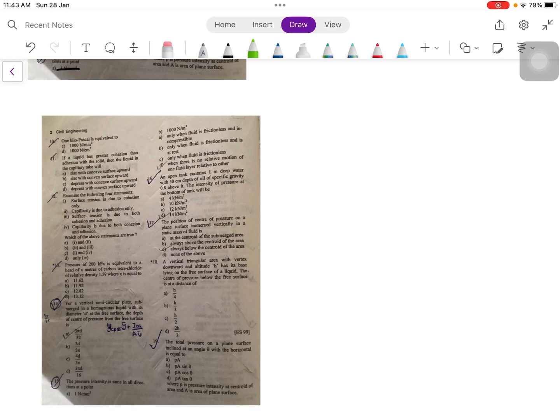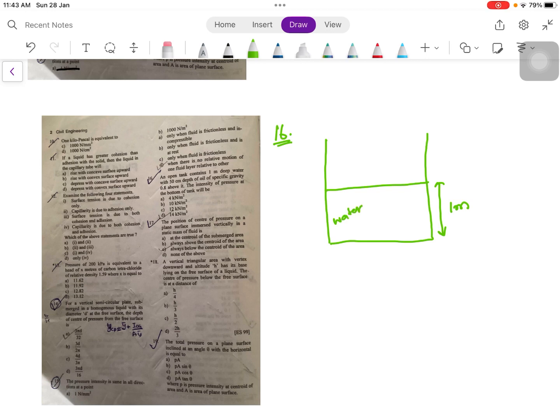Now let us take question number 16. The question number 16 says that we have an open tank, all right, which contains 1 meter deep water. So this is water.